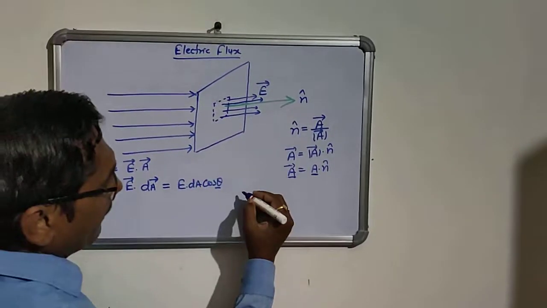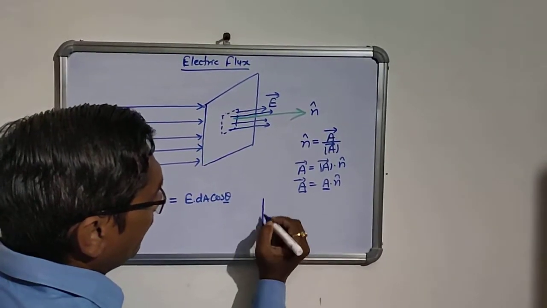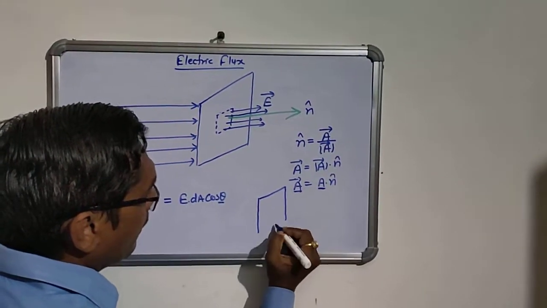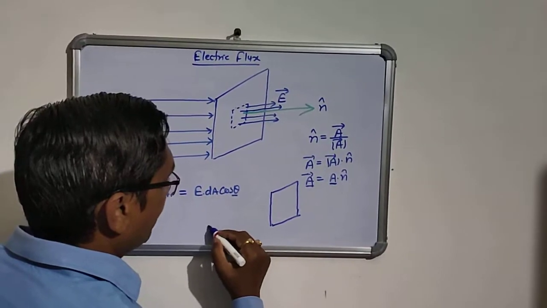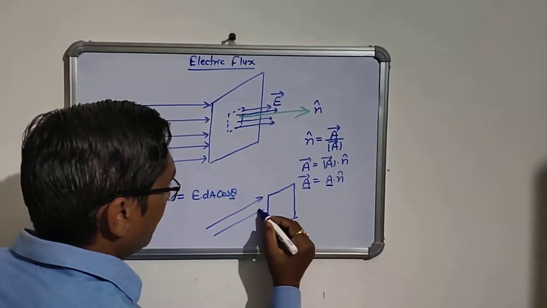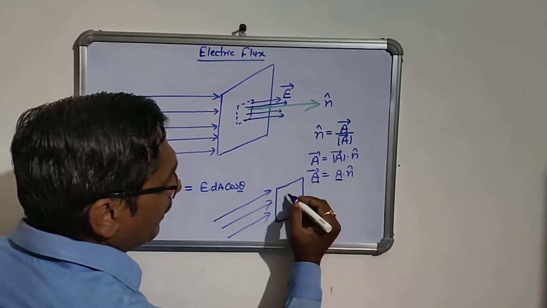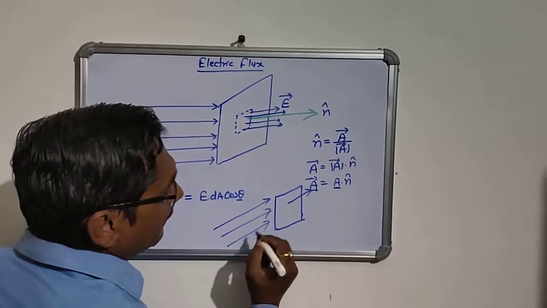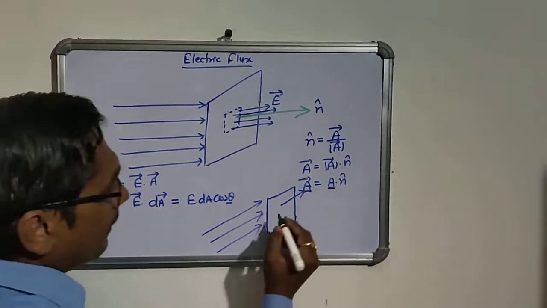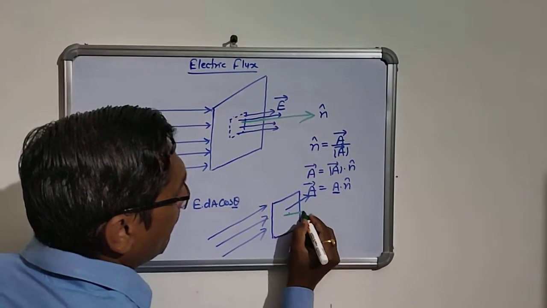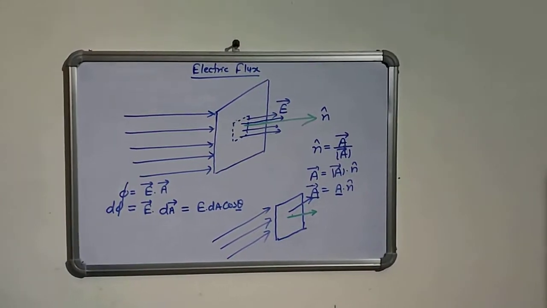And in another way, suppose this is a surface, and suppose electric field lines are moving in this direction like this. So the direction of electric field is this, and the direction of normal is this. This is the normal.